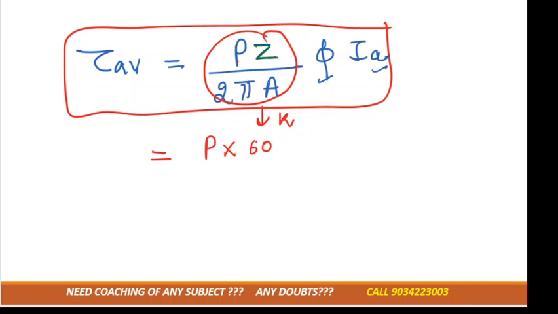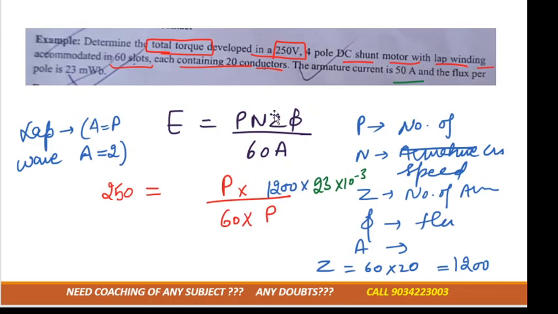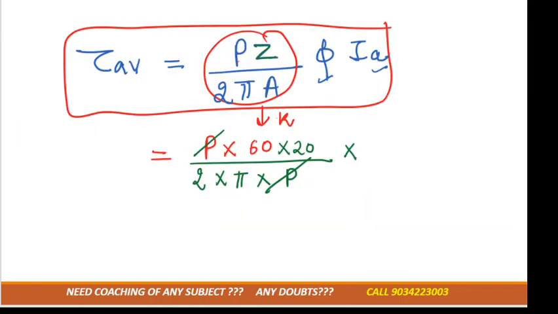So Z is 60 into 20 as we have discussed, 2 as it is, pi as it is. A is equal to the number of poles, that is P, but they don't mention how many poles there are, so the poles will cancel out, right? Phi is 23 milliweber, that is 23 into 10 raised to power minus 3.